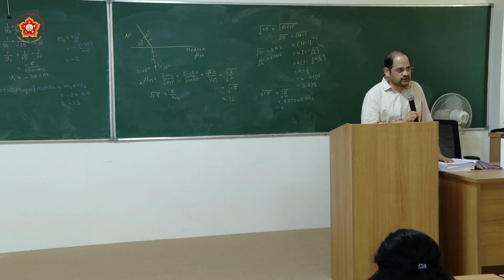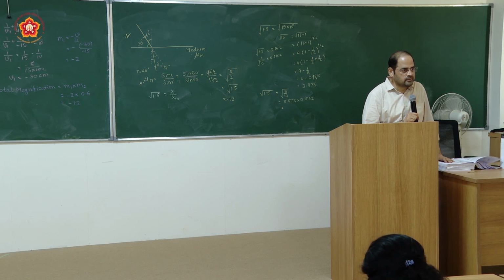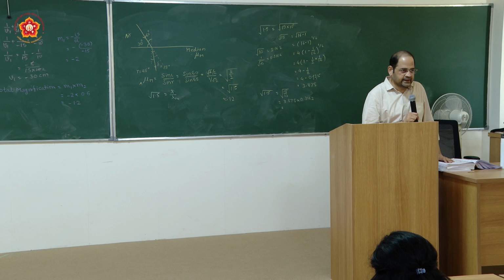4500 divided by something, you must have done. What is the refractive index? You have taken 1.2, so 4500 divided by 1.2 will come approximately. So it will be closer.